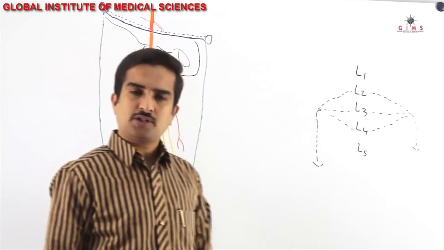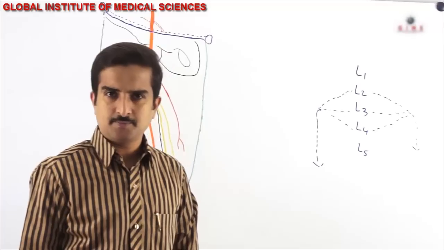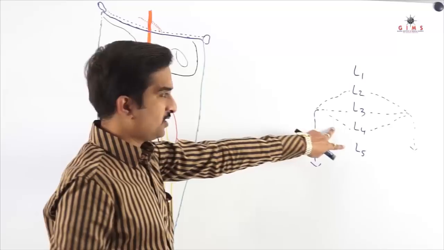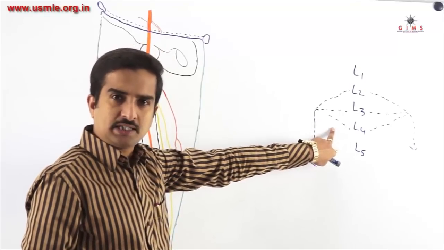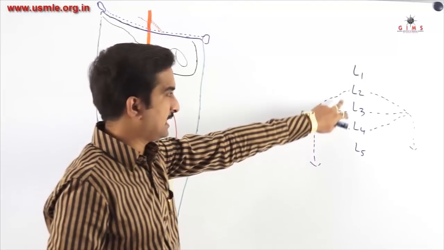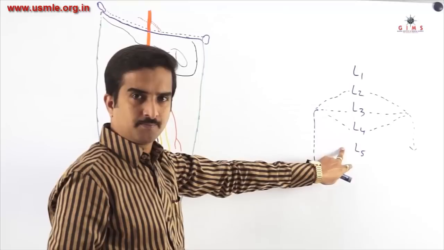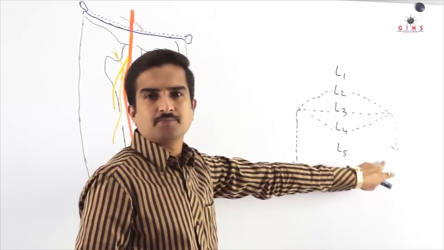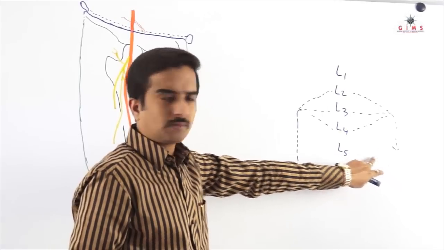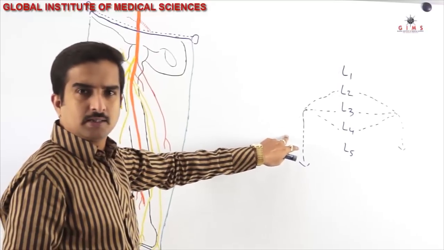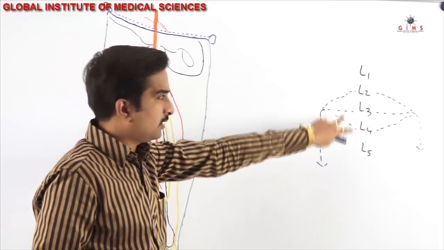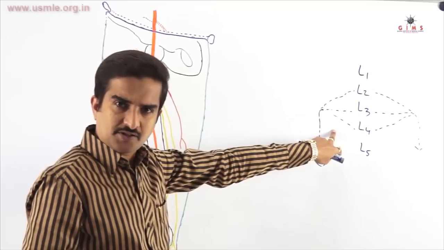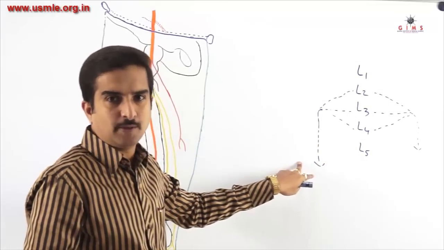So the femoral nerve originates from the lumbar plexus. From what divisions of the lumbar plexus? The dorsal divisions, because the ventral divisions of the same spinal segments L2, L3, L4 give rise to the obturator nerve, and the dorsal divisions give rise to the femoral nerve.